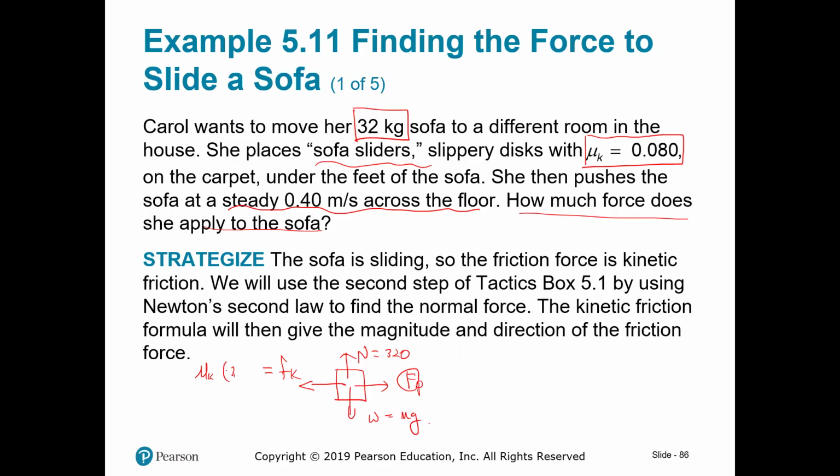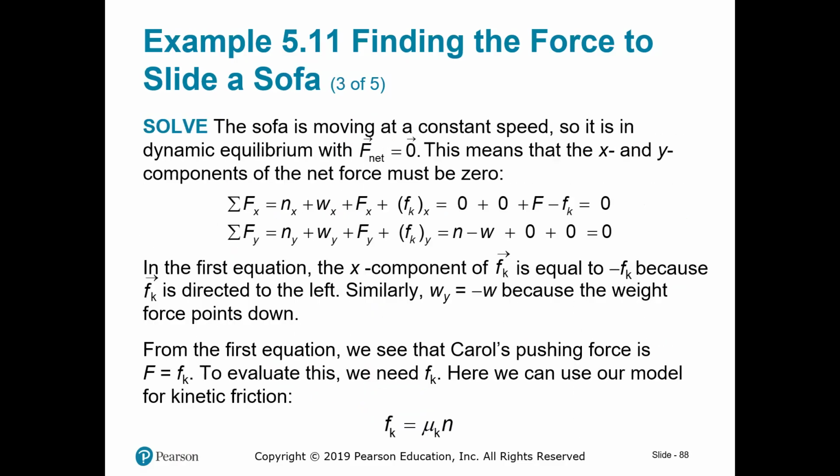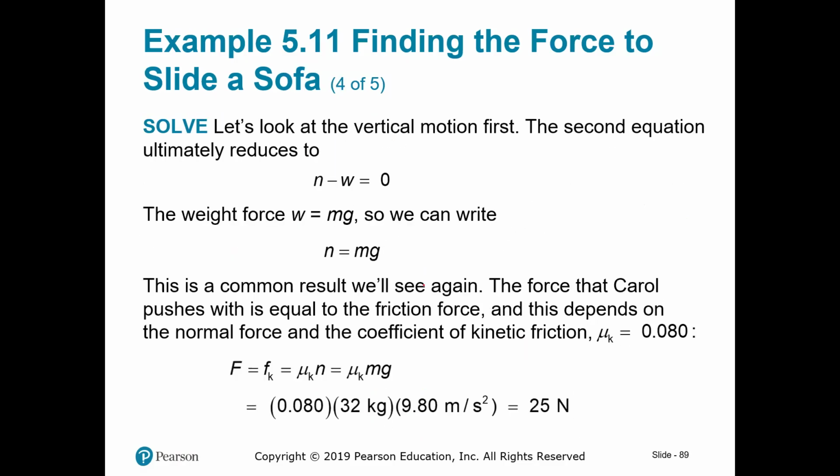Normal force, 320. So this force must be the same as the pushing force. Why? Because this is at a steady speed, so net force must be 0. If you assume mu k is 0.08, your answer is simply 0.08 times mg. So your force is going to be 25 Newton.